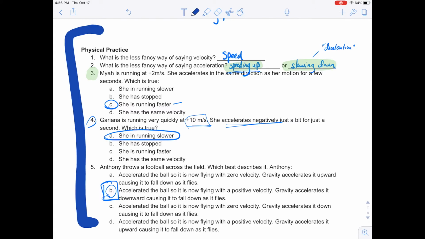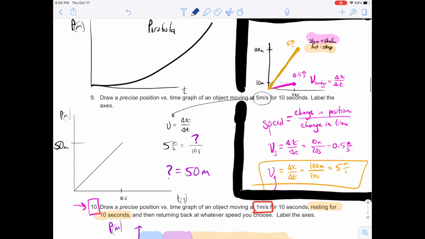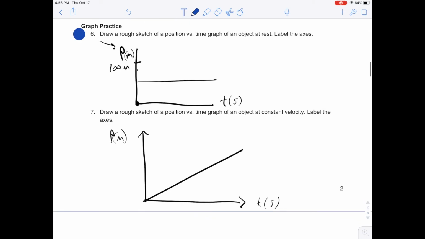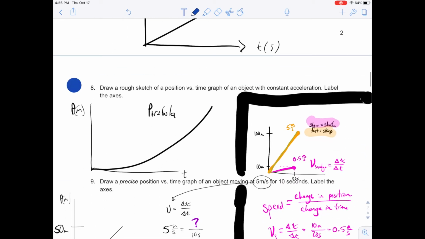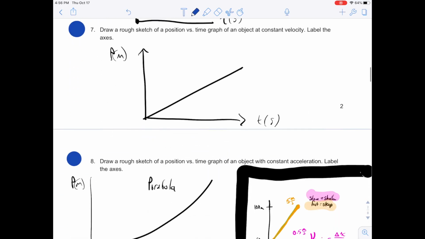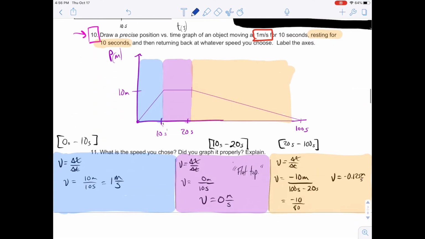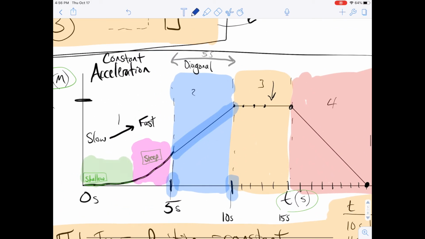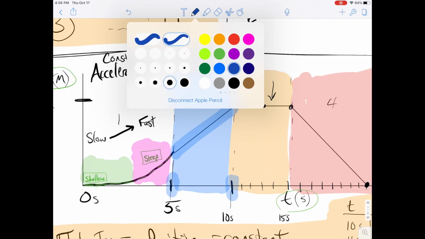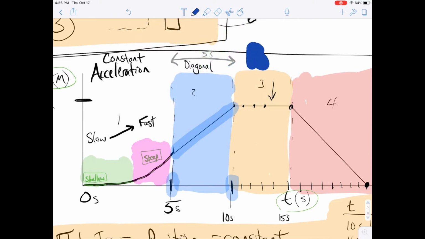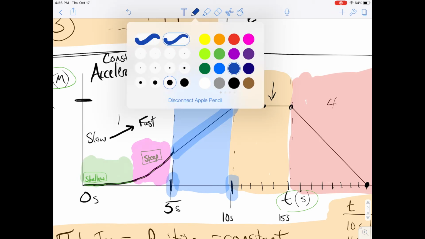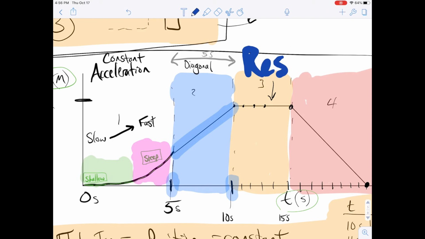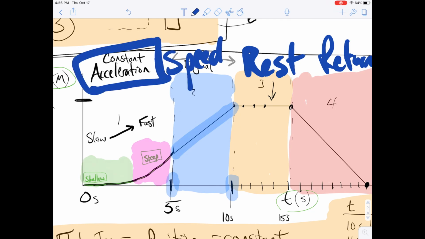We're going to focus on questions like this, where we have to interpret and understand what we're doing, and then we're going to look through the different kinds of scenarios: parabolas, diagonal lines, horizontal lines, comparing lines, and then, like we looked at in the last video, the 4 different situations where we've got rest, where we've got returning, we've got constant speed, and we've got constant acceleration.